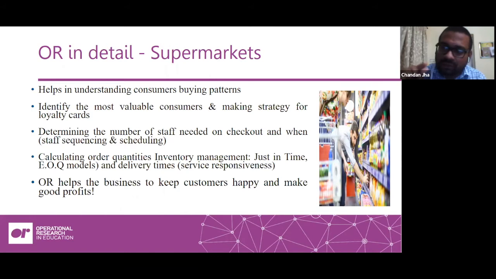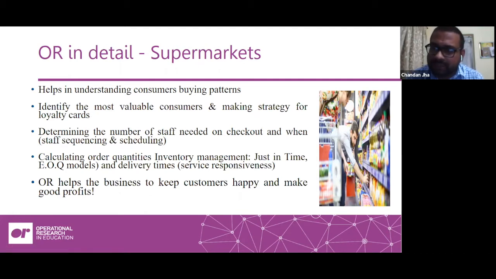One customer will go and select one product, so what will he select next? The buying patterns and buying behaviors we can predict with the help of operational research models. Then we can identify the most valuable consumers and make a strategy for loyalty cards.